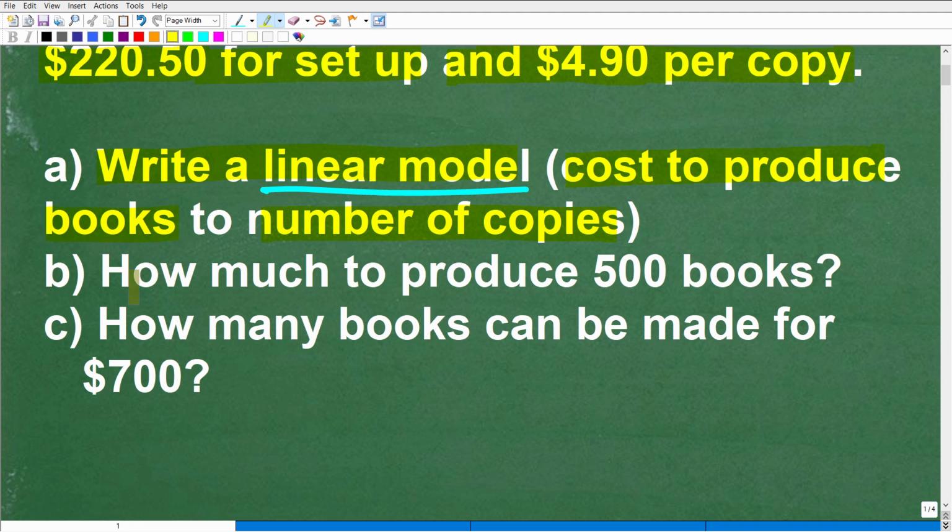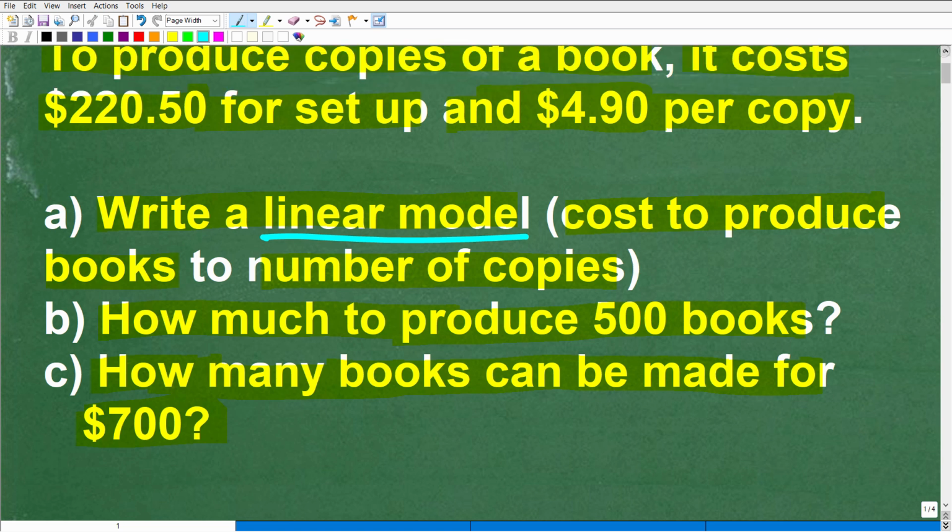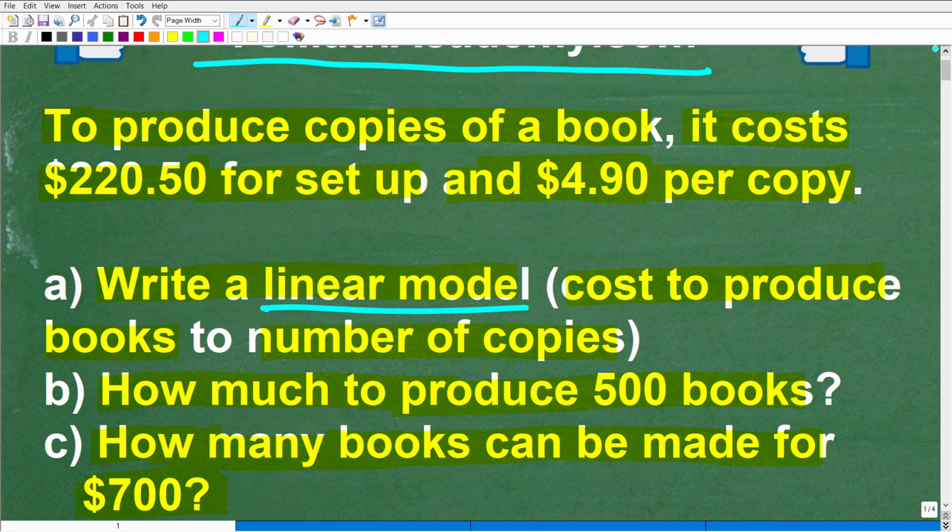Now, the second part of this question is how much will it cost to produce 500 books? And then, this is part C of this question, how many books can be made for $700, right? So if $700 is your budget to produce books, how many books could you produce? Okay, so again, pretty typical first year algebra problem.